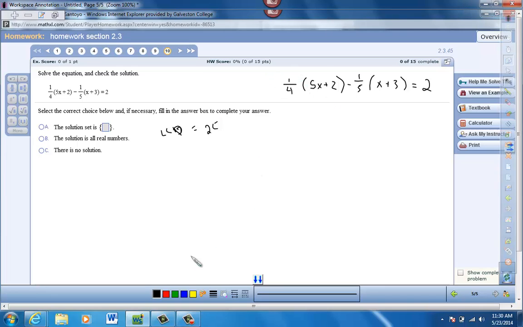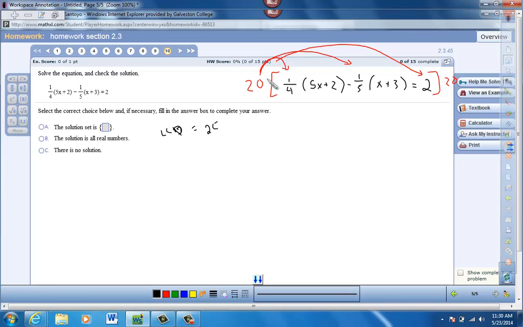So what we're going to do is multiply this whole thing by 20. And you only multiply what's outside the parentheses, and you multiply everything on the other side of the equal sign.